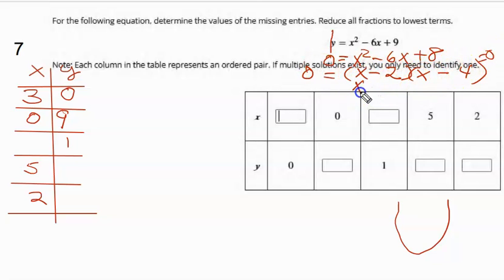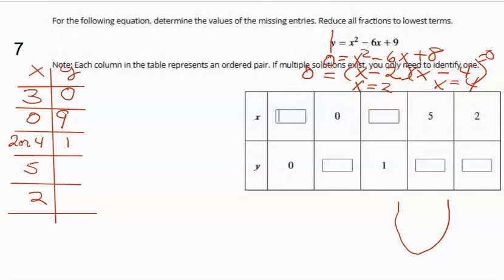Here we get x is a +2, and here x is a +4. Now they're saying here if there are multiple solutions, you only need to list one. So either one. We're going to say it's 2 or 4 when y is 1. And again, we're getting some points to make our parabola if they're asking us to eventually graph it.